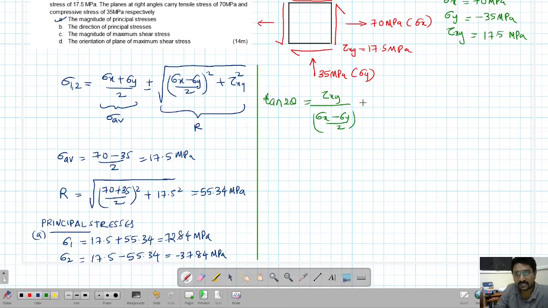So tan 2 theta is 17.5 divided by sigma x minus sigma y by 2, which is 52.5. Tan inverse of this gives 2 theta equal to 18.35 degrees. So theta p, basically, is 9.17 degrees.